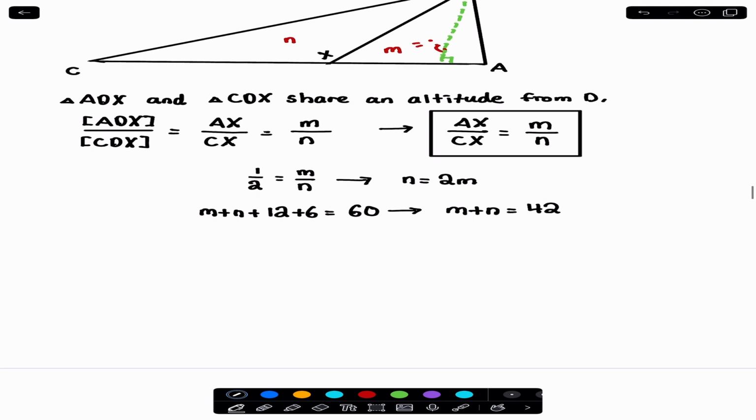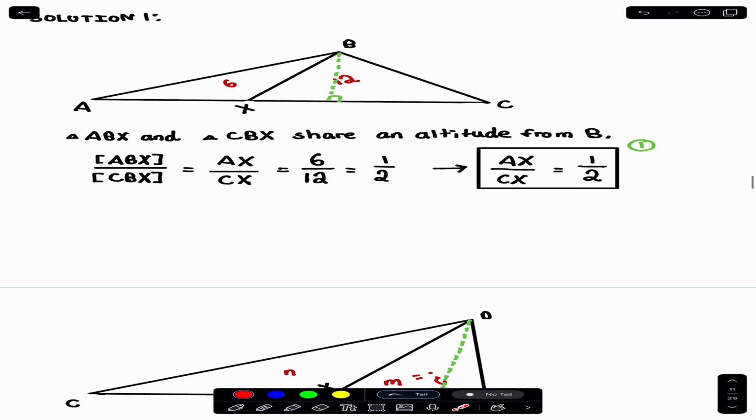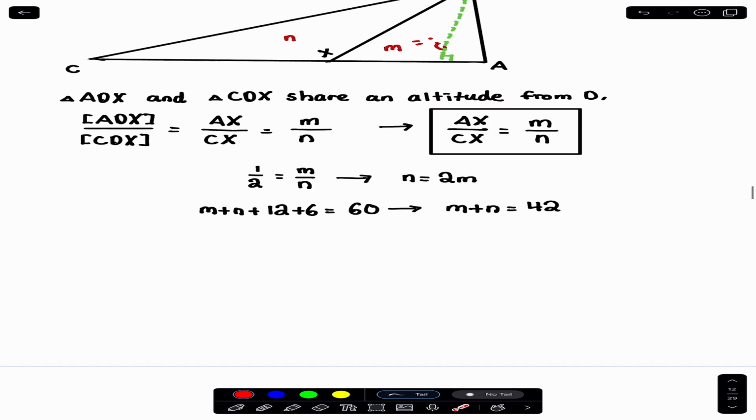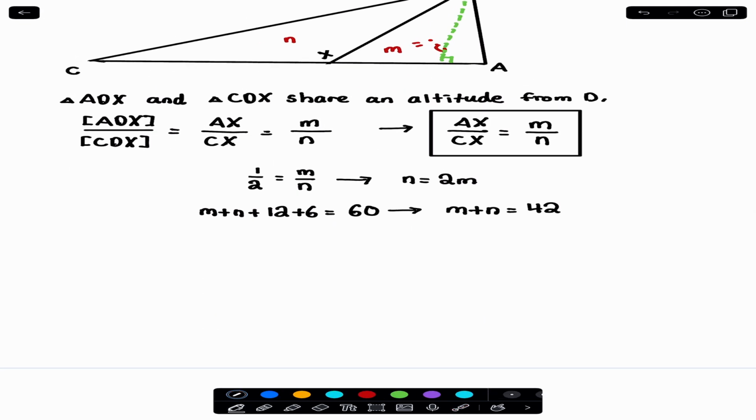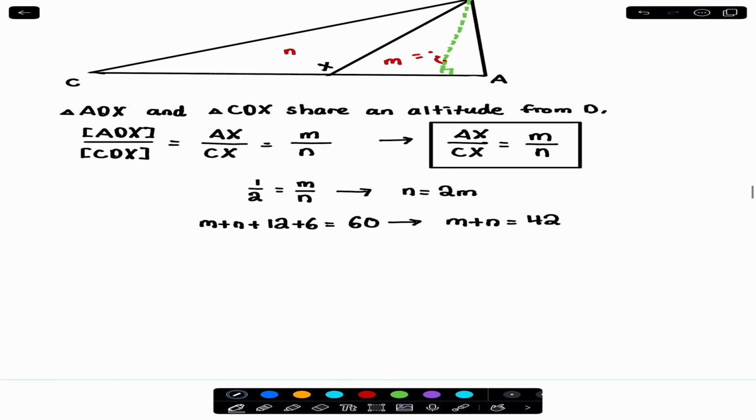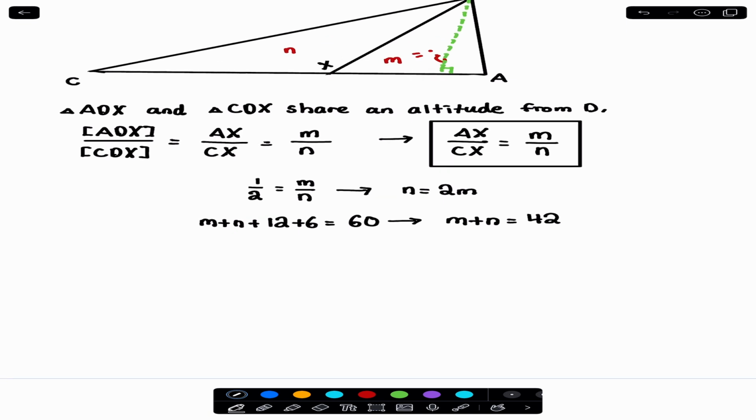And again, I'm trusting that you can solve this on your own. The important part is how to get here after all. And what you're going to find is that M ends up being 14. Because we are trying to find M, aren't we?